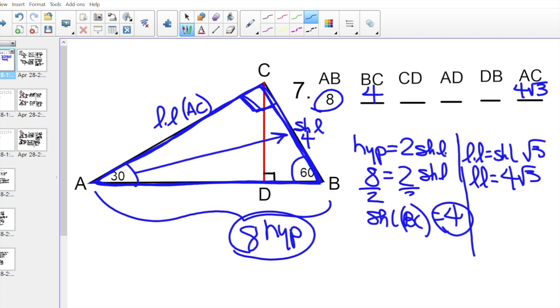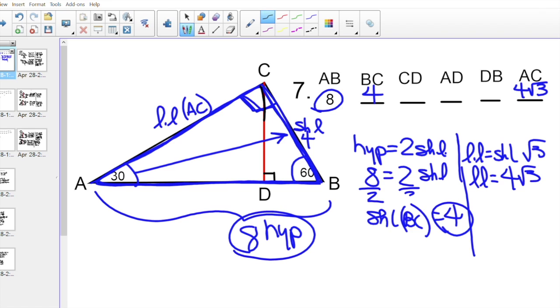Now, that leaves us CD, AD, and DB. Basically, what that means is we're going to have to look at a different triangle. Let's see how confusing this is if I go up here and use black again. Now, look at CD.